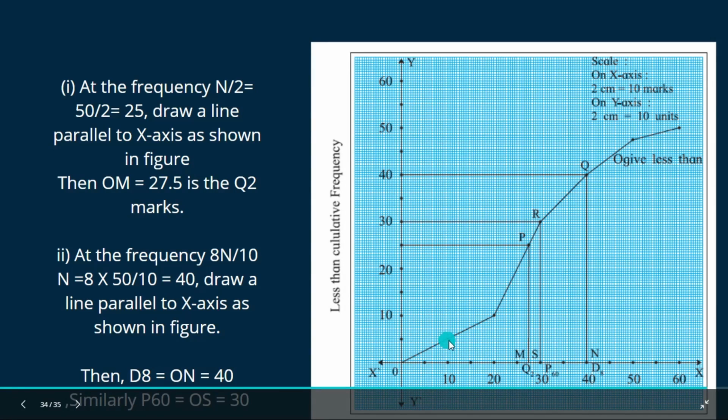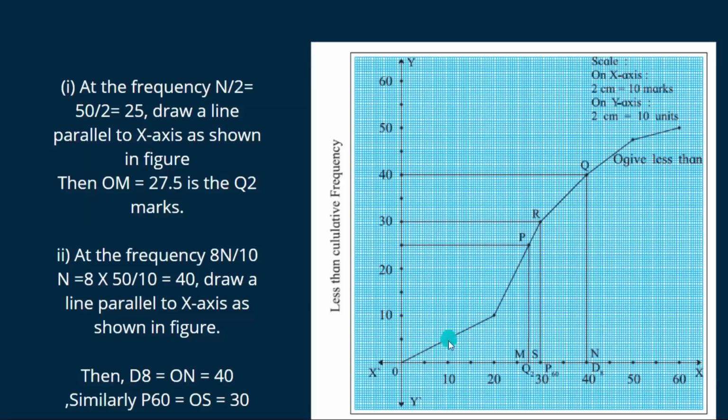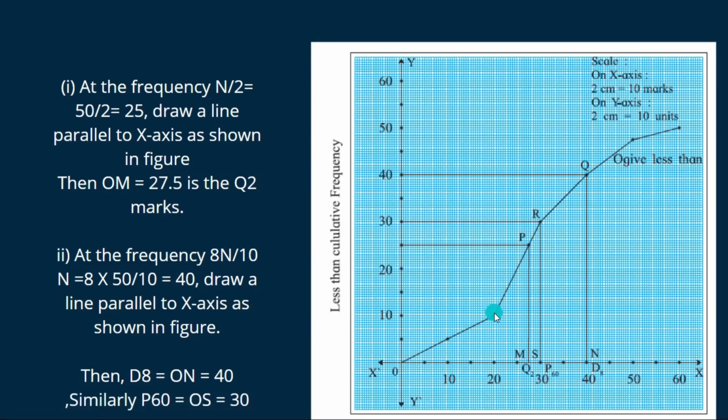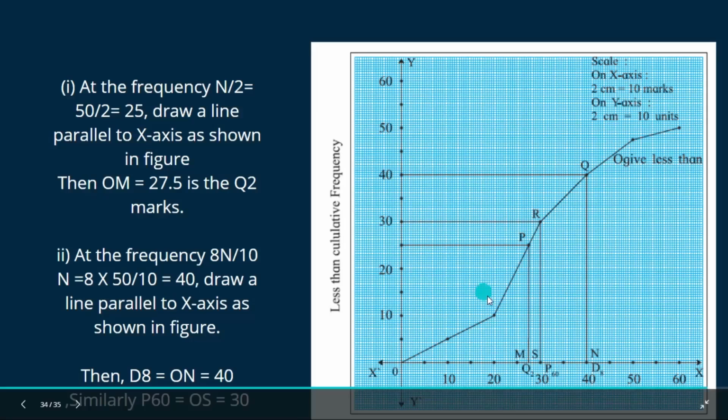Next is 20, your CF is 10, so go to 20 on the x-axis, and on the y-axis go to 10, so plot one point here. For 30, go to 30, and CF 30 is here.